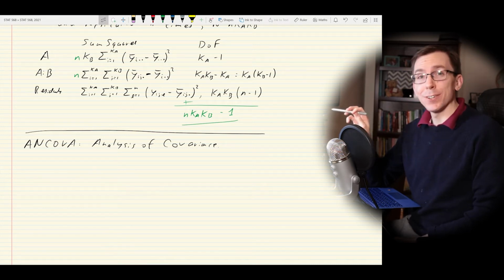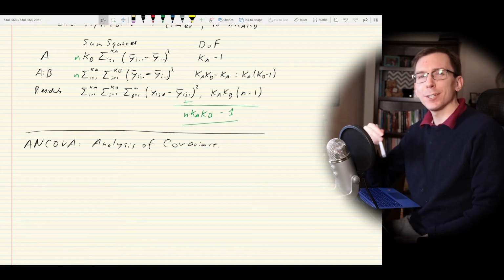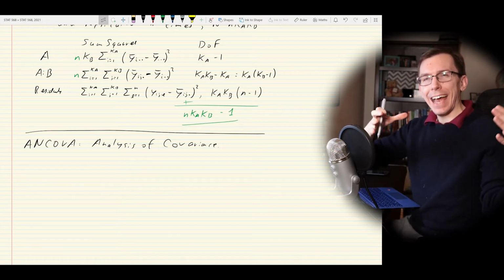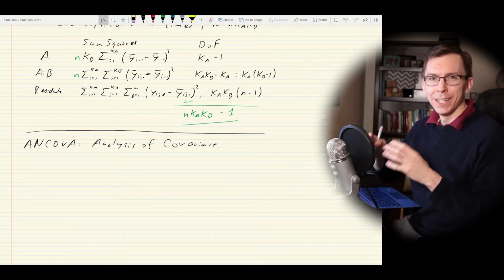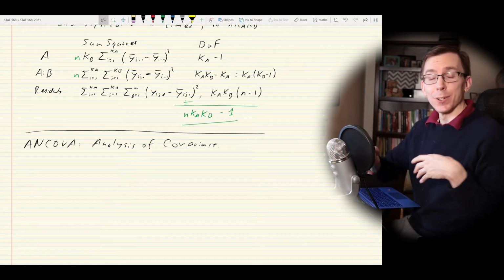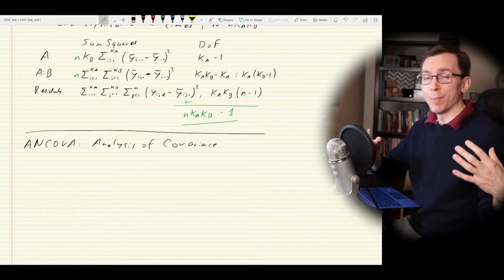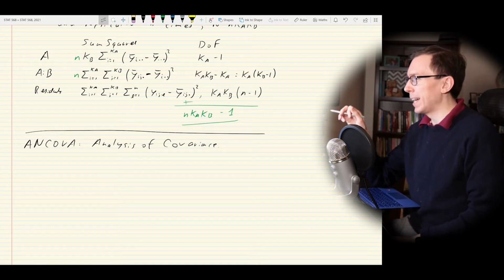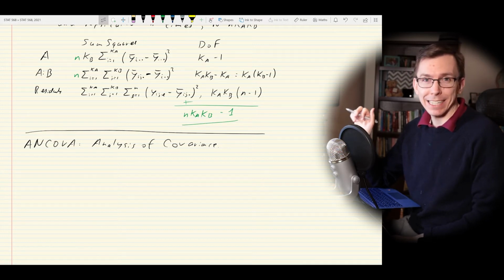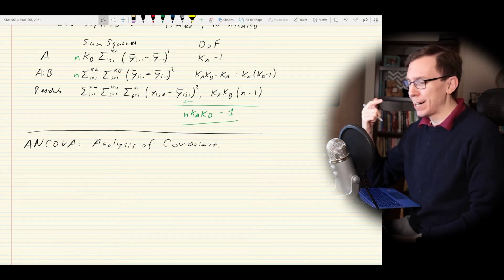But what we can do is measure these covariates about our subject, and include them in the model and take out the variation in the data that is strictly due to the covariate. So similar to blocking, what we'll be doing is trying to remove sources of variation that may be getting in the way of seeing what's actually happening with our experiment.